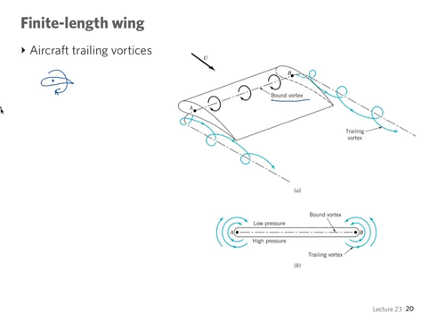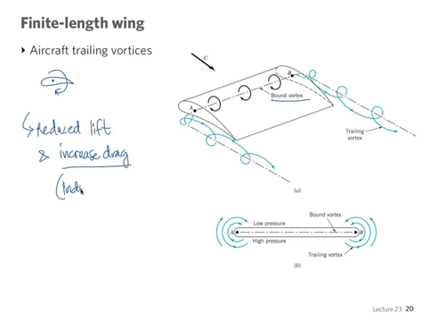These trailing vortices have the effect of reducing lift with respect to the ideal two-dimensional theory, and they also increase drag. This increased drag is called the induced drag or lift-induced drag. Just the generation of lift has to be associated with some drag, which is present in finite length wings.